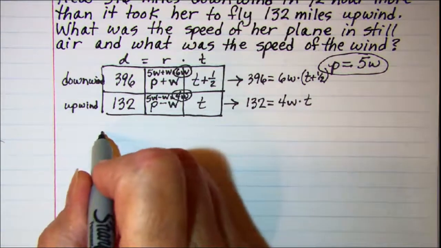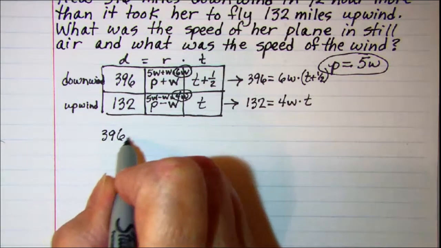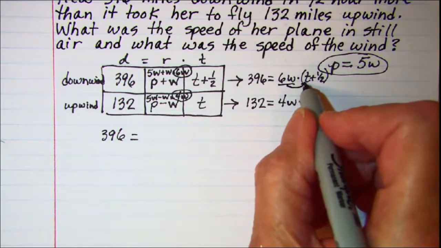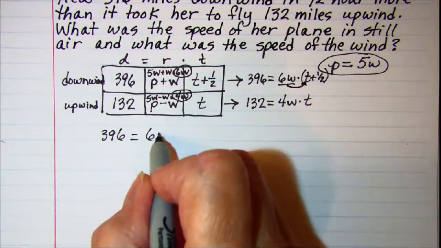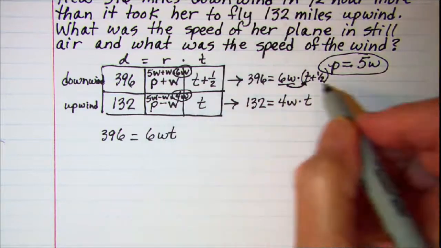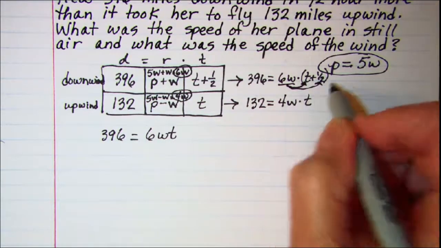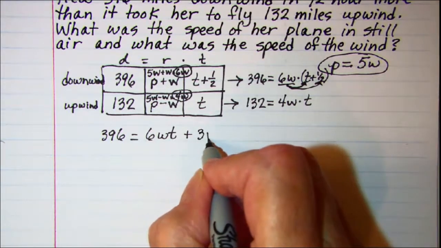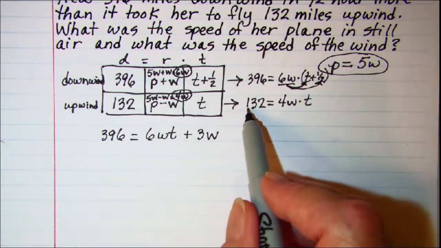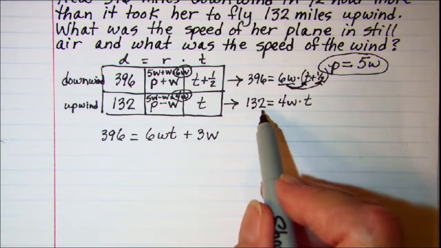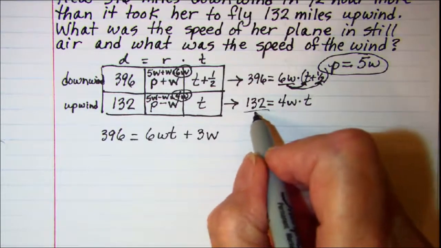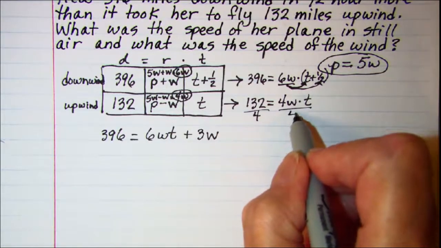Let's simplify this one. I have 396 equals, I'll distribute this 6W through here, so 6WT, and then multiplying that by 1/2 gives me 3W. And let's go ahead and take this one and divide both sides by 4.